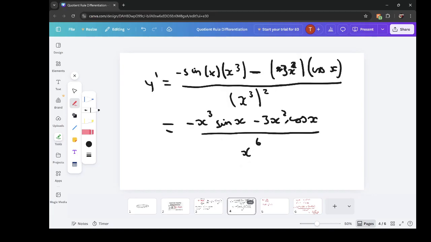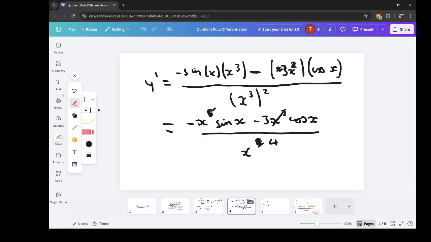So essentially what you can do here is, because there's x squared over here and x cubed over here, you can cancel out this x squared, and you can cancel this out with the denominator, because you have x in every single term. So this is our final answer over here.